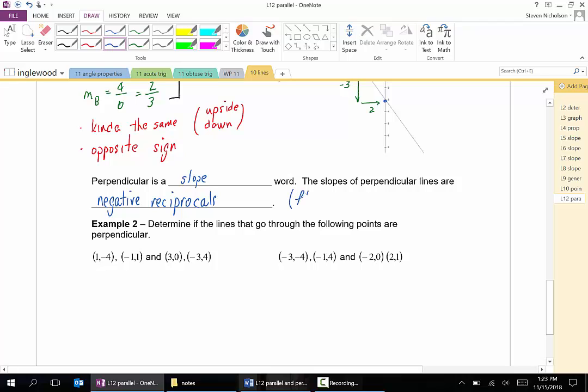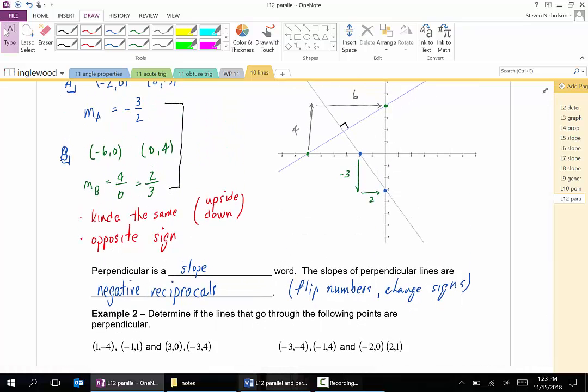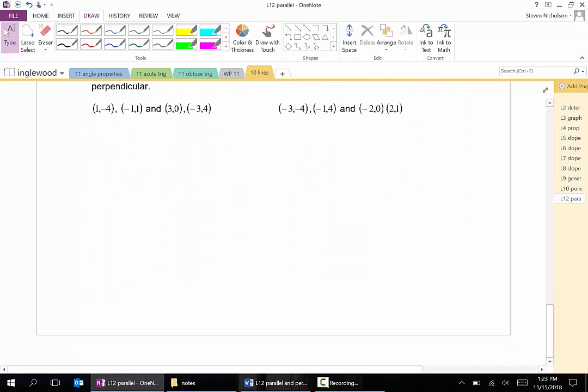So here's all I think of. We flip the numbers and change the signs. So if I know the slope is negative 3 over 2, I know the other slope is positive, because opposite of negative, and instead of 3 over 2, 2 over 3. And this relationship is always true, just like relationships of parallel lines are always equal.